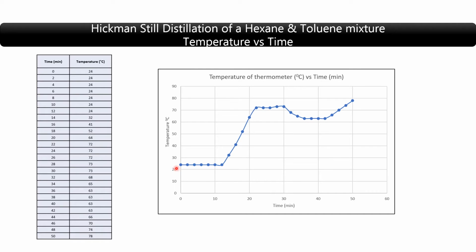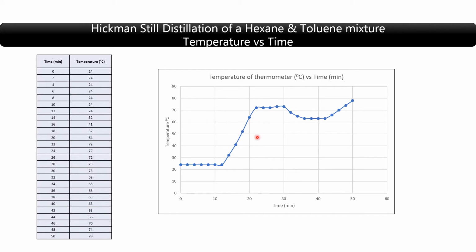So you can see up to about 12 minutes there is no change in temperature, and as we continue to supply heat, now the temperature starts to rapidly increase as hexane is turning into hot vapor.